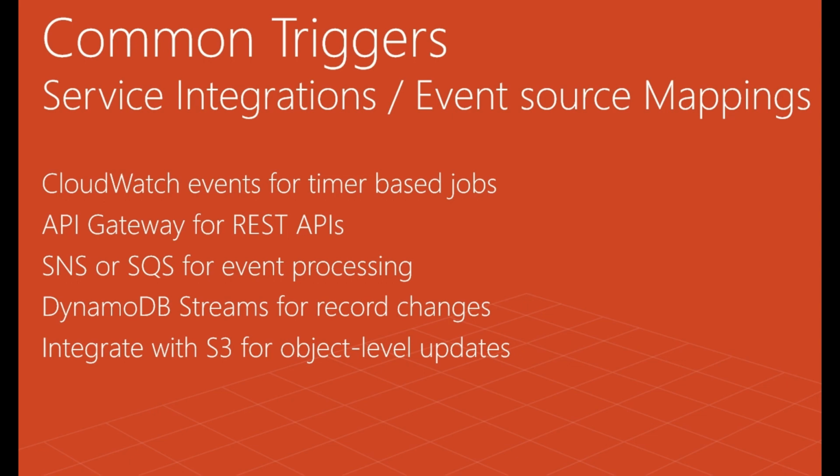For example, AWS services like S3, SNS, DynamoDB, and CloudWatch events, things like that. And the event sources can be custom applications using API gateway or direct API calls. And also third party services via webhooks or other integrations can also be a few examples of event sources.